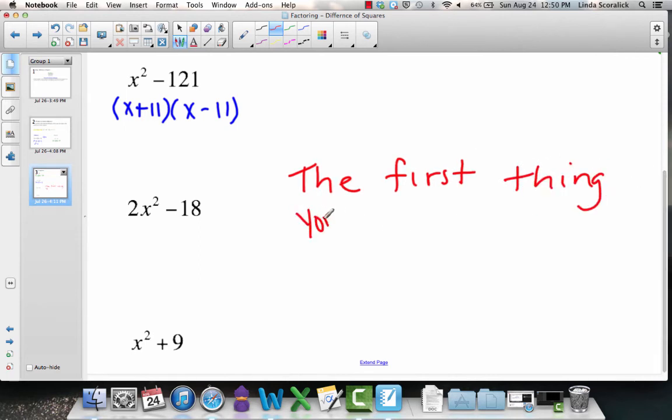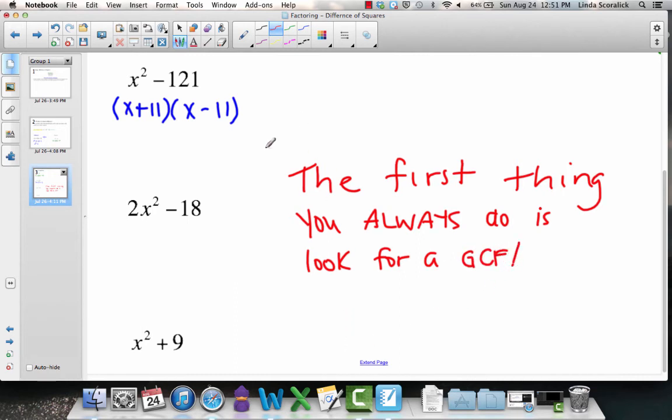The first thing you always do is look for a GCF. So take a look in this problem. What's the GCF of the terms 2x squared and 18? Our GCF here is 2. So when we factor out the 2, we're left with an x squared minus 9.